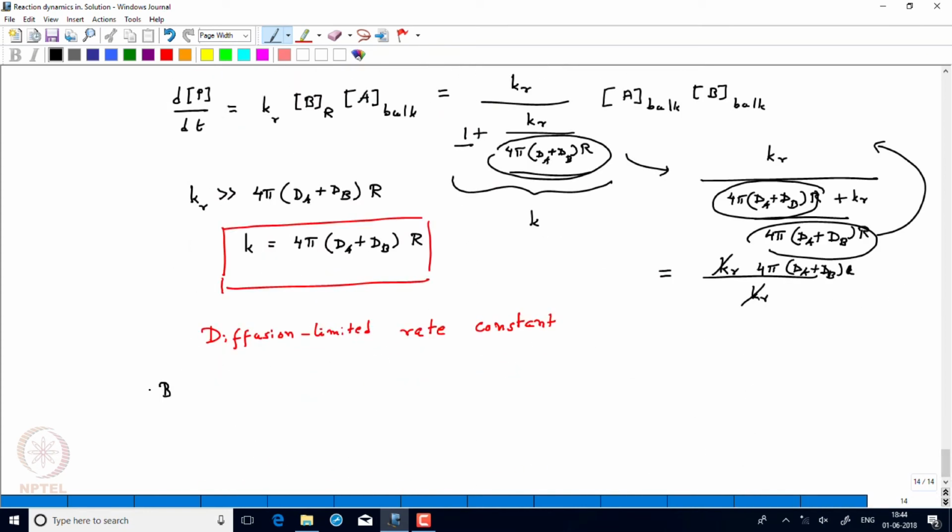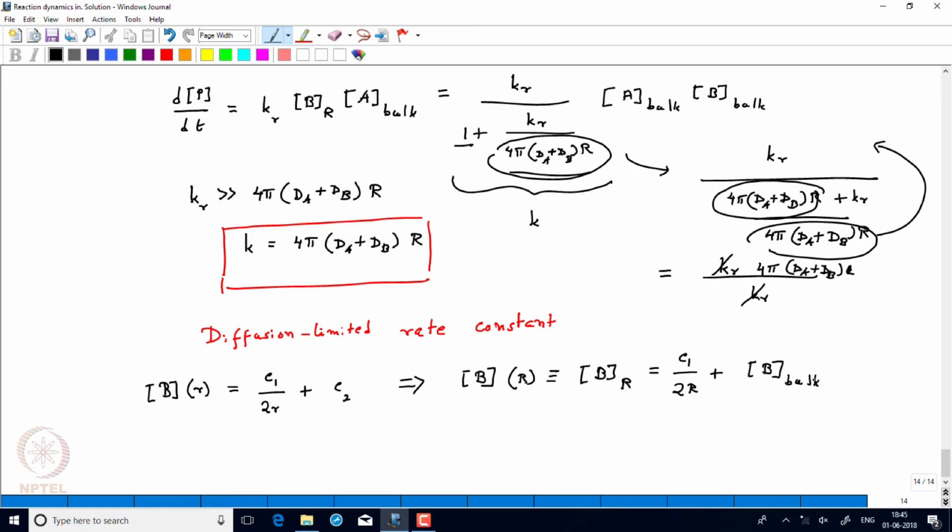We got B at any arbitrary location, let us say at a location R, is nothing but C1 by 2R plus C2. So B at a location R, which we wrote as B suffix R, should be C1 by 2R plus C2, and C2 we already figured out, it is nothing but B bulk.